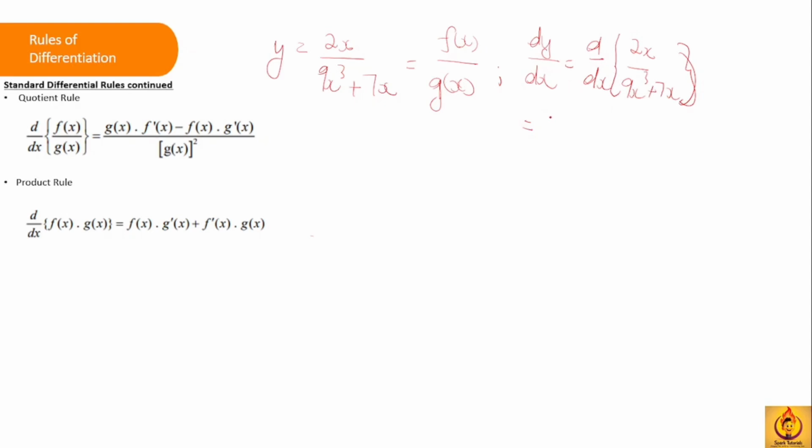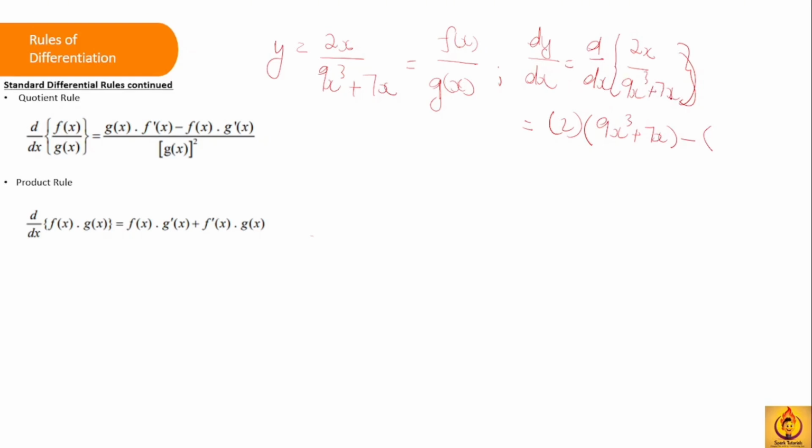The derivative of 2x is going to be 2. Remember your basic power rule. It's going to be 2 multiplied by the function on your denominator as it is, g of x, 9x cubed plus 7x, minus the derivative of your denominator. We have 9x cubed plus 7x.